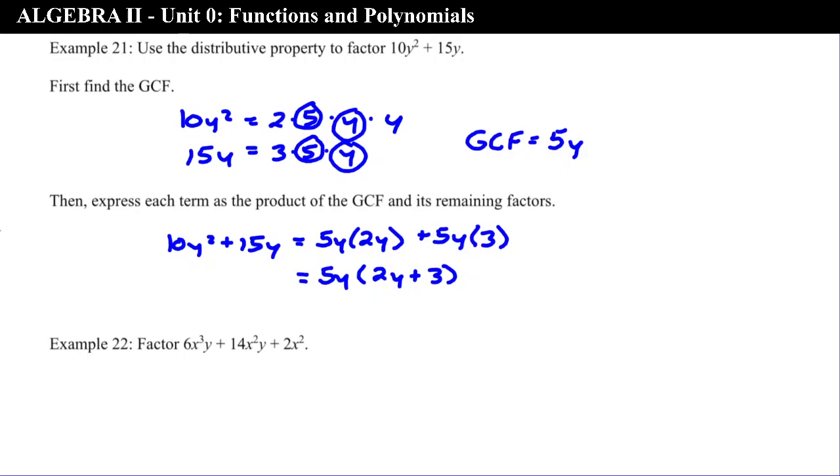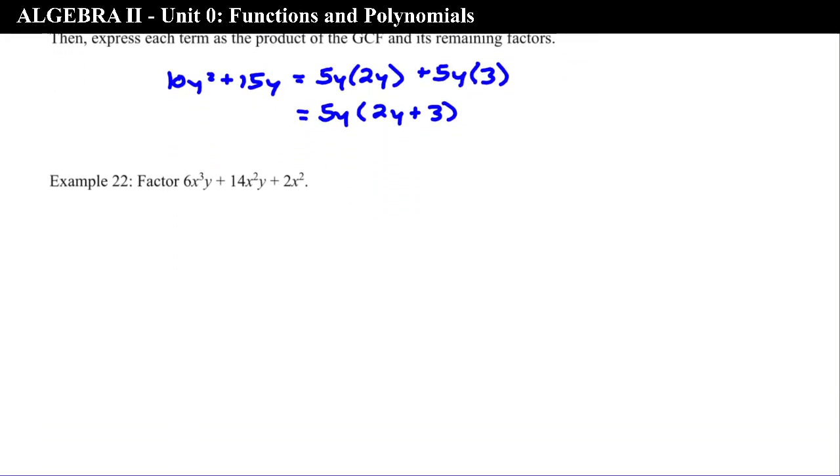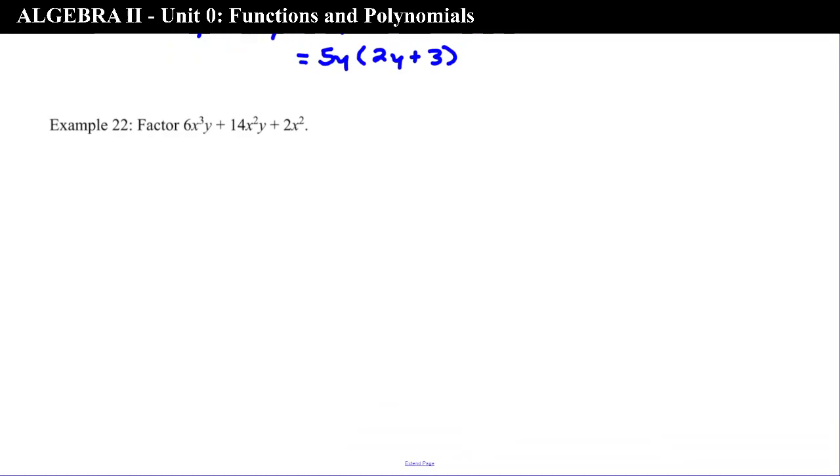Okay, let's move on to example 22. Let's factor 6x cubed y plus 14x squared y plus 2x squared. Now when we do that, this is what we're going to find. So we have 6x to the third y.